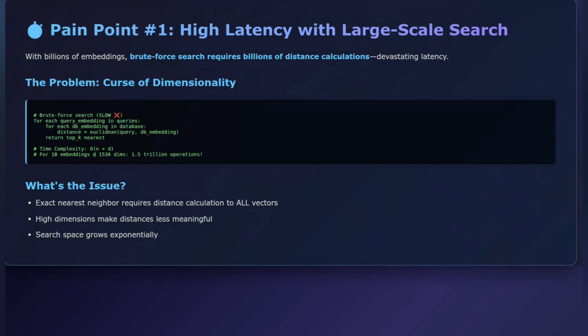So what's actually happening in production systems that are failing? First, they're using brute force or exact nearest neighbor search. Calculate distance to everything, return the closest. Second, they're not using approximate indexing methods like HNSW, IVF, or product quantization.